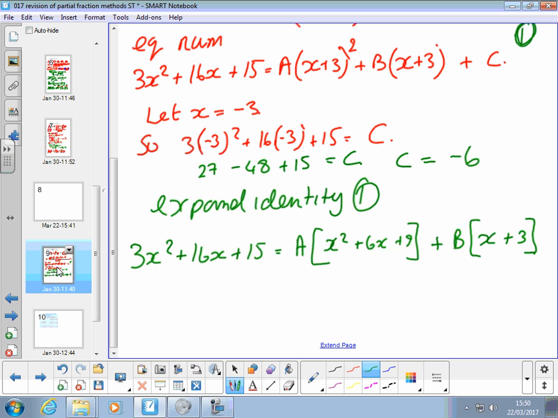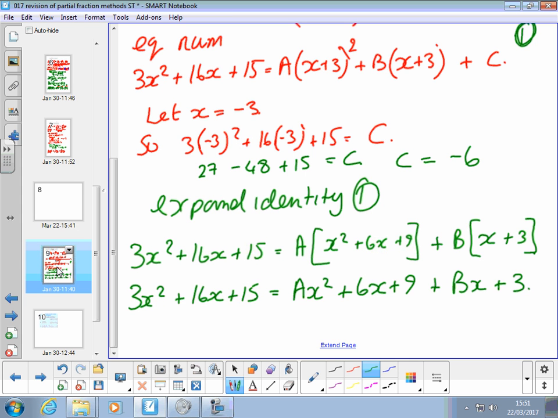Now we multiply out those brackets. Yep.